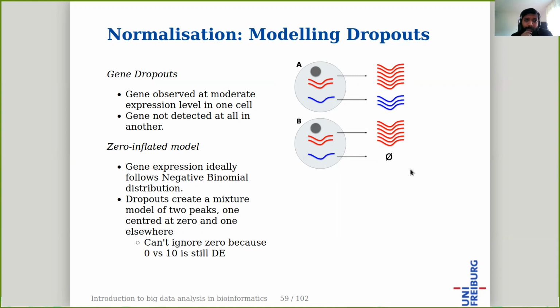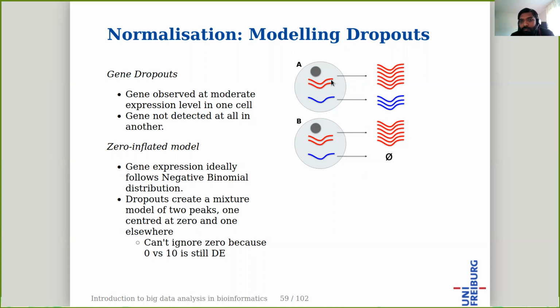And this is usually the problem. This occurs usually in single cell RNA sequencing, either because of poor mRNA capturing efficiency, or because there is a low number of transcripts present in the cell. Let's say there are many red transcripts and only one blue transcript.